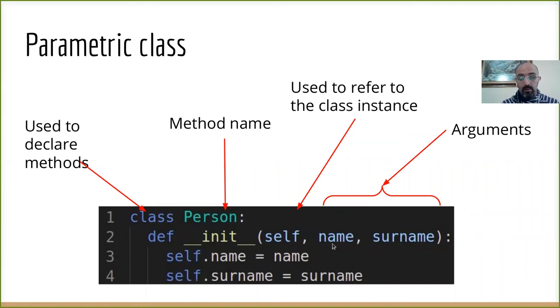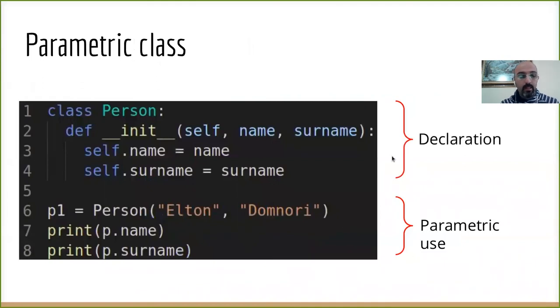The other are the variable names of the method, in this case the constructor. What is the utility? We define the structure, so the moment that we create an instance of a specific person, at that moment we provide the required values.